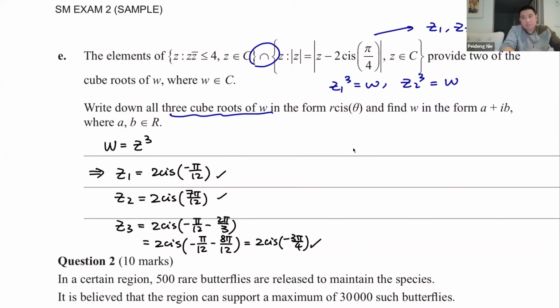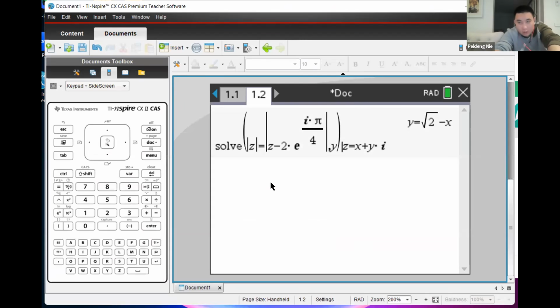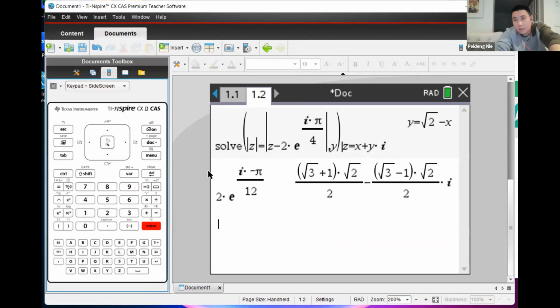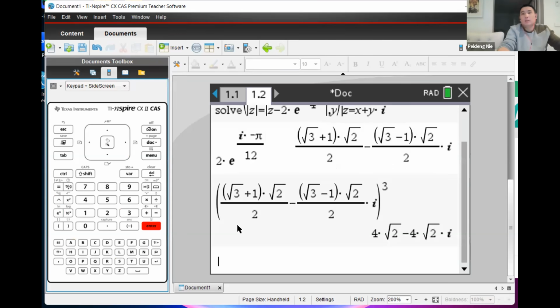So the 3 complex numbers here are the distinct cube roots of w. For w, we just raise any one of them to the power 3 and write it in Cartesian form. That's it. So what I'm doing here is I'll go back to my CAS calculator and do 2 times e to the power of i times minus pi over 12. So this is the first cube root, z1. And then I just make this answer to the power 3. And the answer is 4 root 2 minus 4 root 2 i.